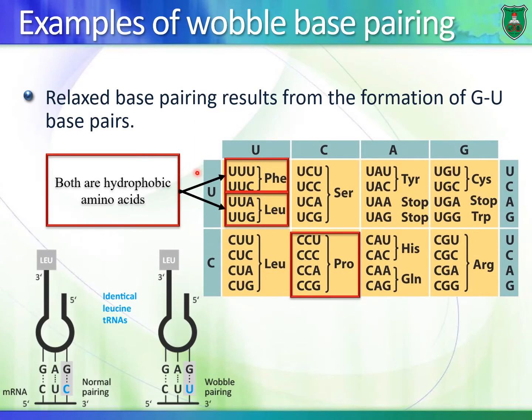So notice something, like I said, changing the third nucleotide, if you look here, for example, would not change the amino acid right here. Same thing right there. Now sometimes changing the third nucleotide would change the amino acid, yes, but notice that these two amino acids are hydrophobic. So again, wobble base pairing provides a buffer.